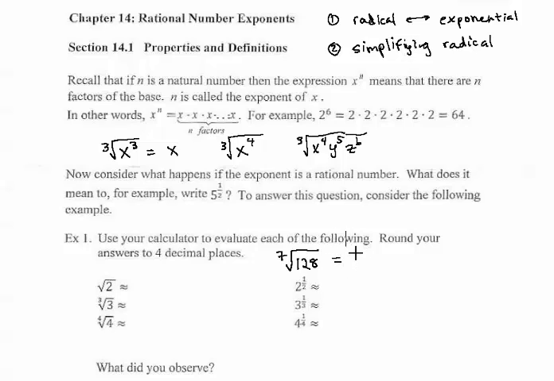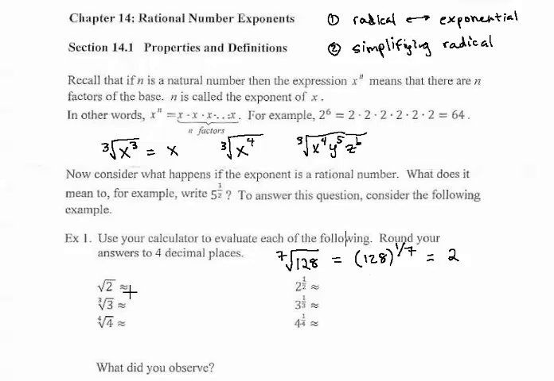I told you that you could take the 128, and instead of placing it inside a radical, you could take the reciprocal of the index and place it over the 128 as an exponent, and these would work out to be the same number. This would end up being 2.